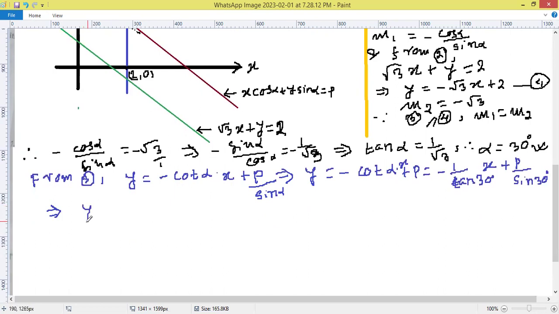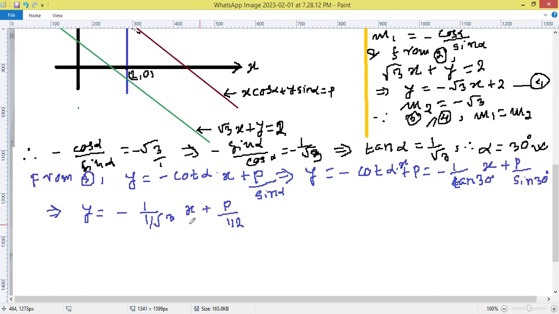Then after that you'll see that y equals minus 1 by tan 30 degrees, that is 1 by root 3, so you can write here 1 by root 3 x plus p, and sin 30 degrees is 1 by 2.